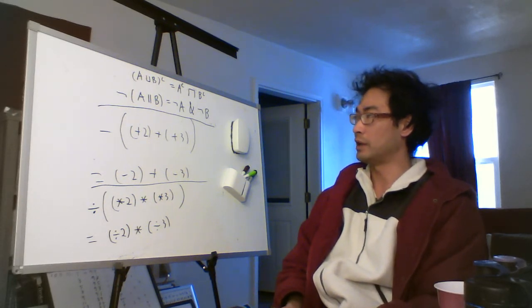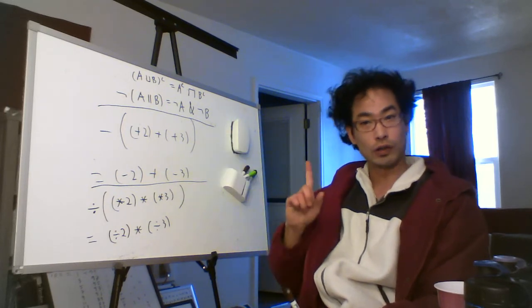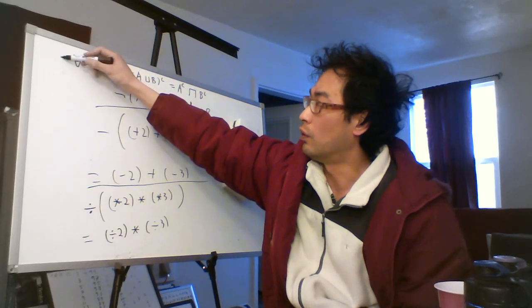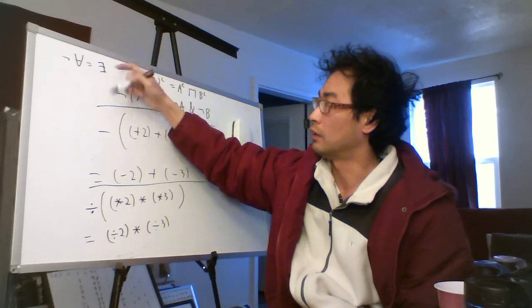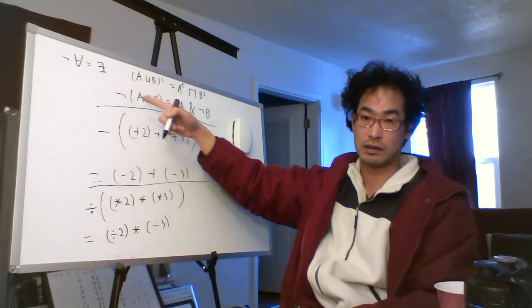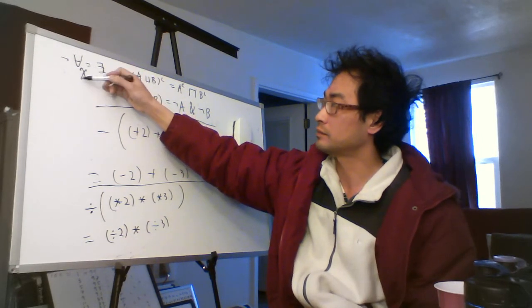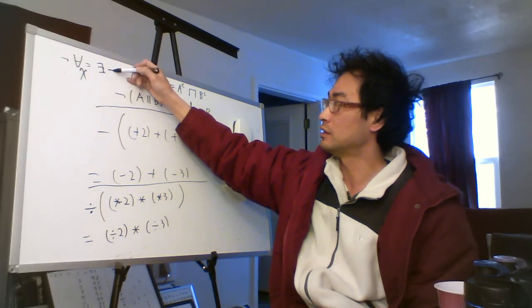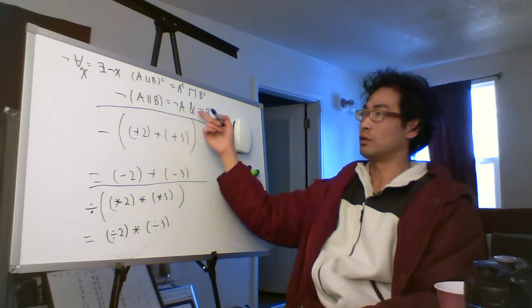So meaning, in first order logic, the negation of all is equal to some, like all and exist. So negation of all x is exist not x, just like De Morgan's law.